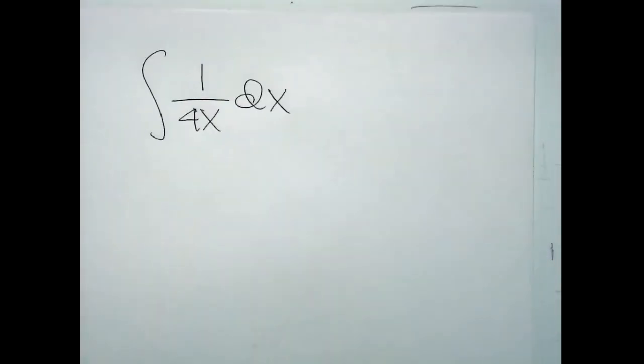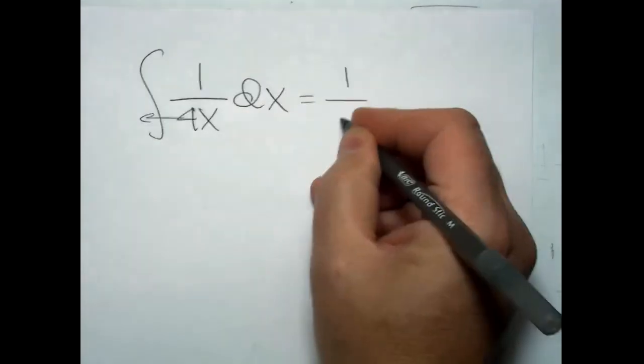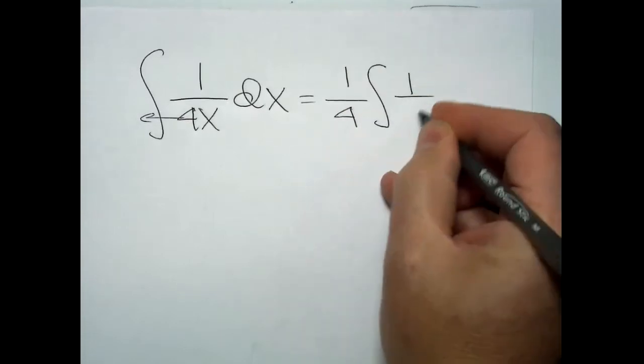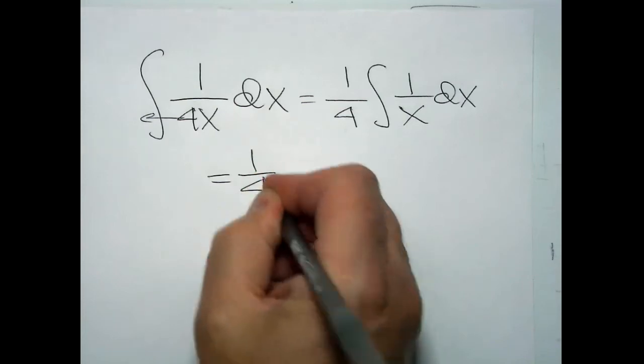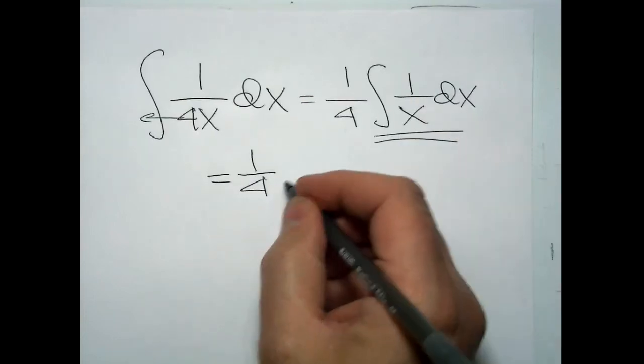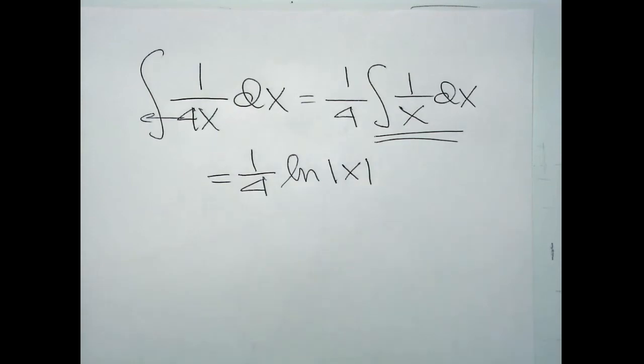This will be an indefinite integral, no limits of integration. Well, this one, you can just take that 4 and slide it out front. It's actually a 1/4, and you integrate 1 over x. So it would be 1/4 times the natural log of the absolute value of x plus a constant.